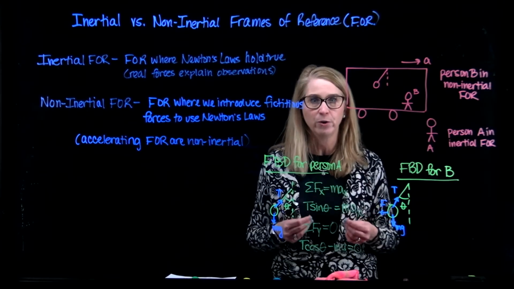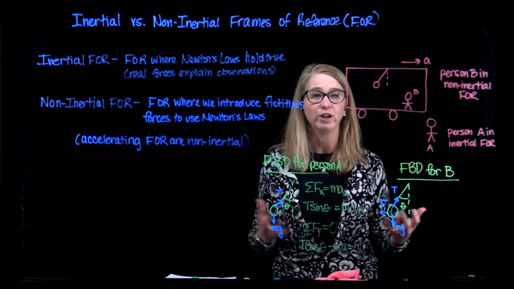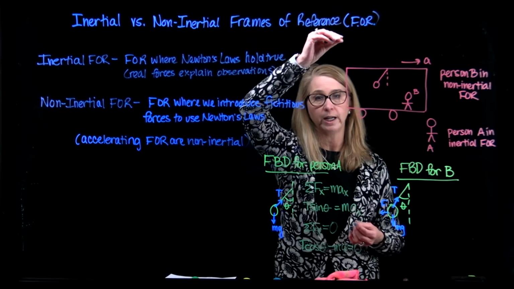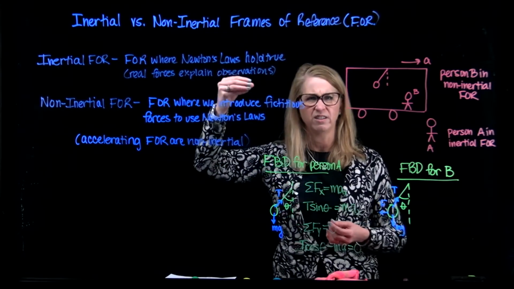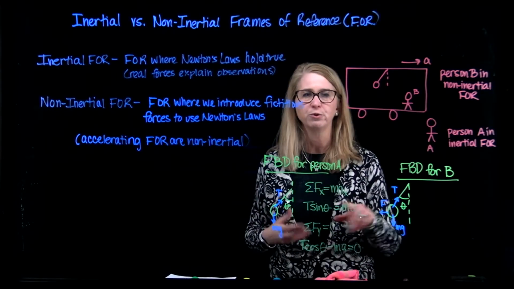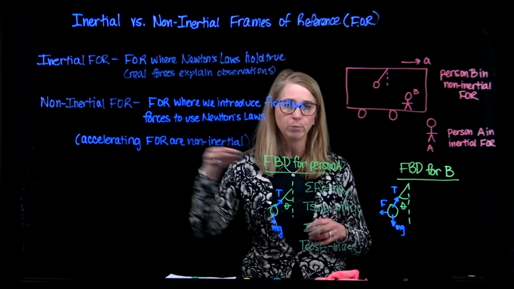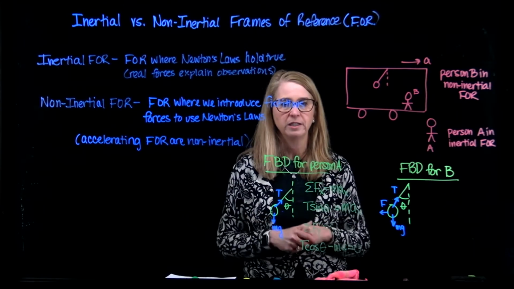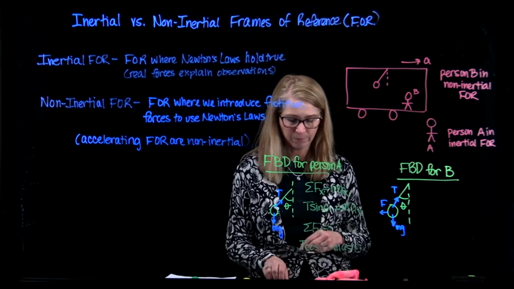What he does know is that by some magic, this ball that is attached to a string on the ceiling is deflected. The only way he can explain it is to introduce a horizontal force that pulls that mass off to the side so that it's not hanging straight up and down.